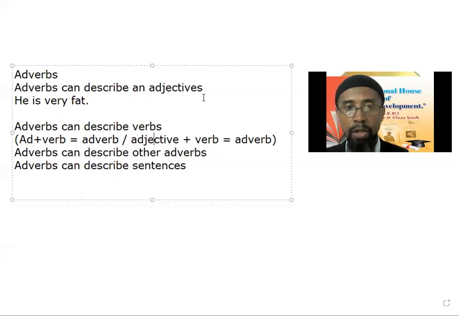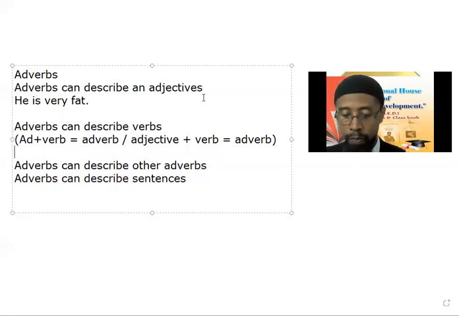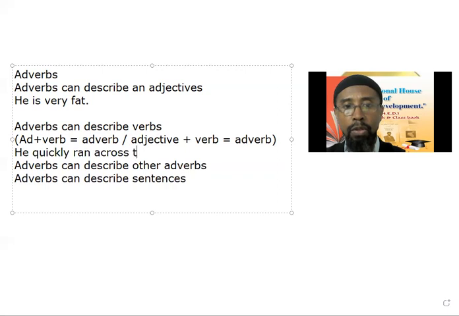Now let's take a look at an adverb describing a verb, which is the main job of an adverb, as I mentioned. So I'll say, he quickly ran across the street.